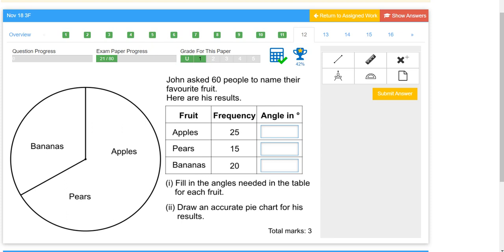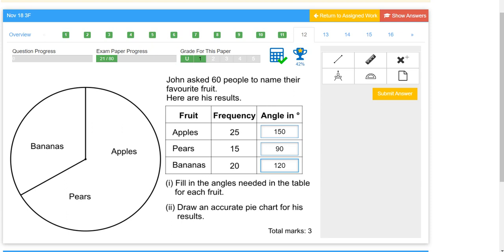So hence for apples, 25 people said that. It's 25 lots of 6, and that becomes 150. For pears, 15 people went for that, so 15 times 6 gives me 90. And then for bananas, 20 times 6 gives me 120.